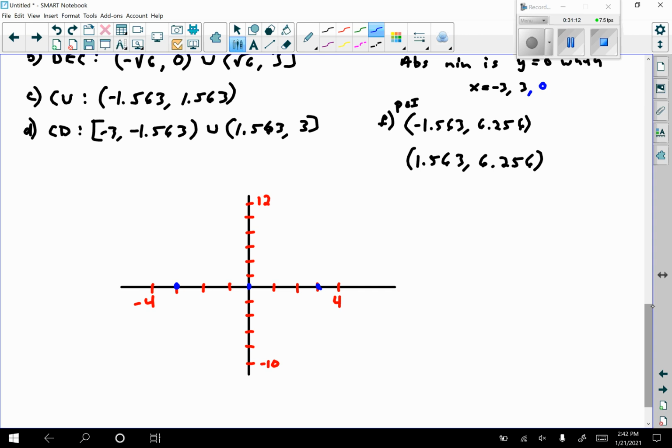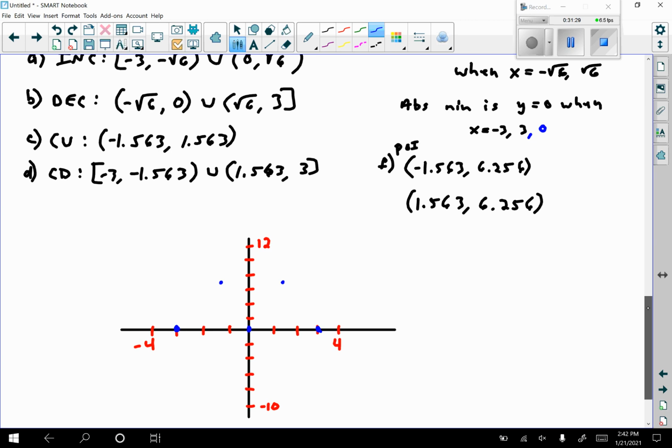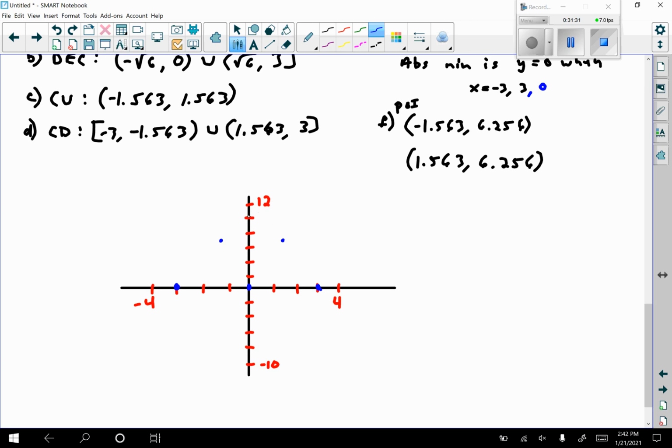I have points of inflection at -1.5, so roughly right about here, and then on the other side as well. And then my max is at 10.392. Again, radical 6 is about 2.5. So we're going to -2.5, a little over 10, +2.5.